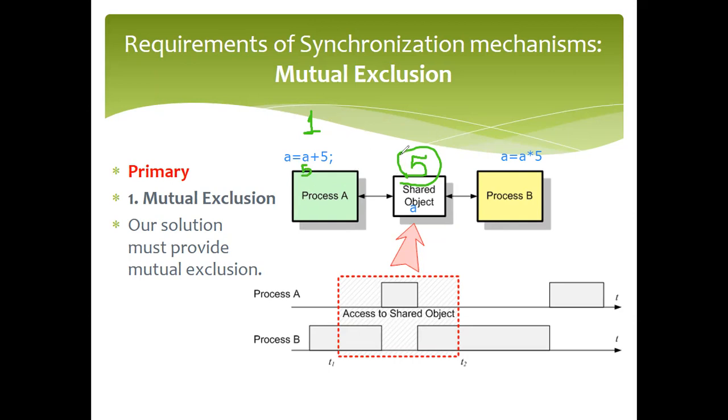So the new value of the shared object will be 10. Then process B is executed: 10 multiplied by 5 will be 50. So the new value will be 50.